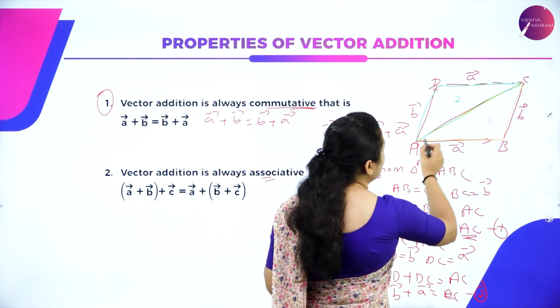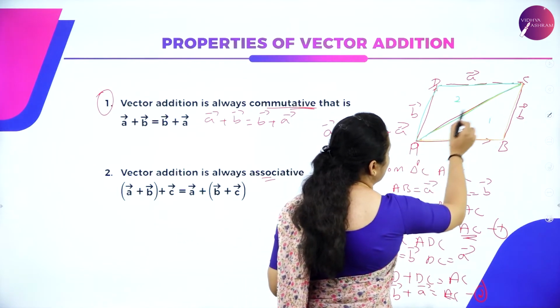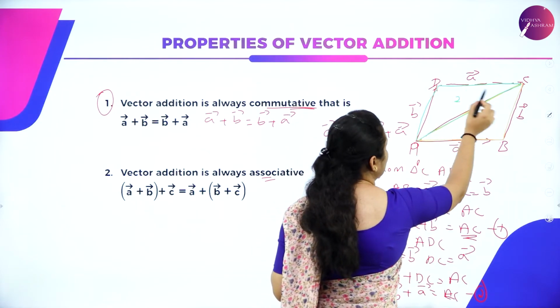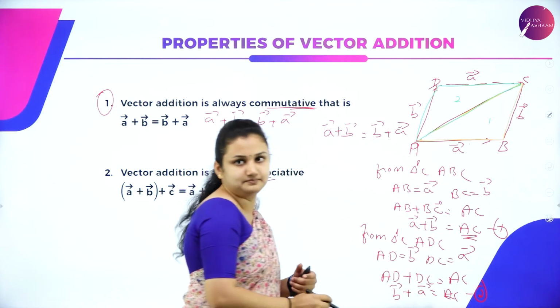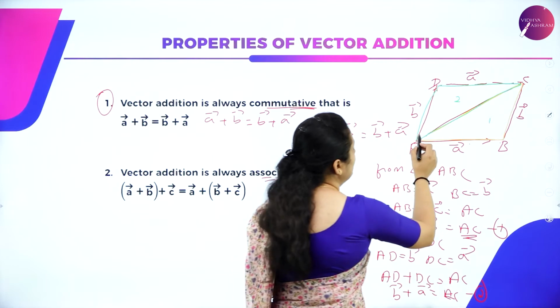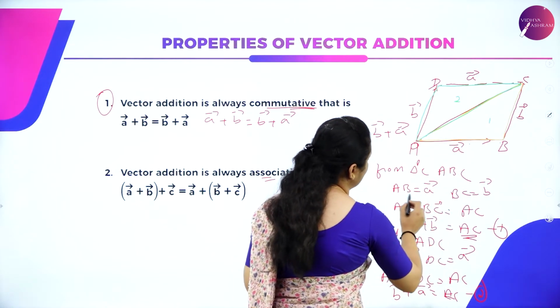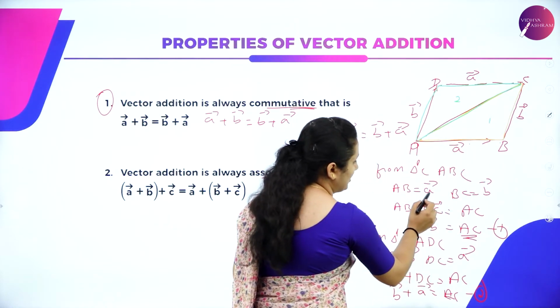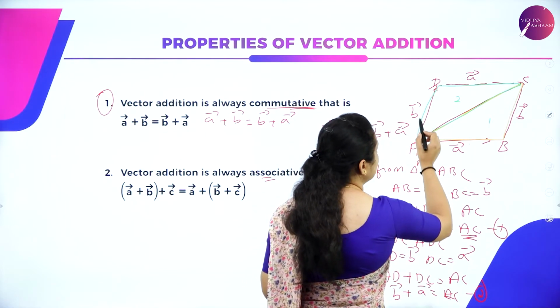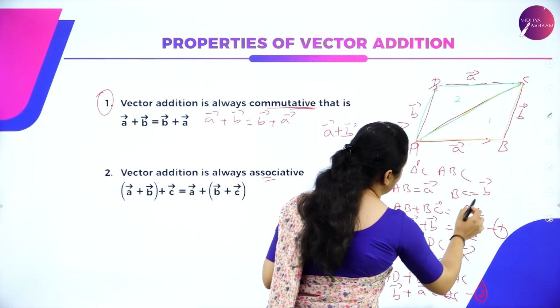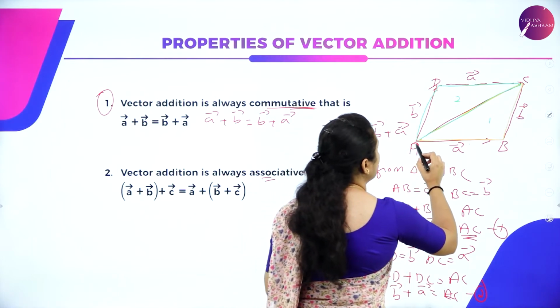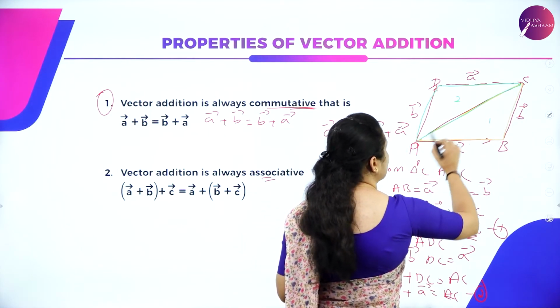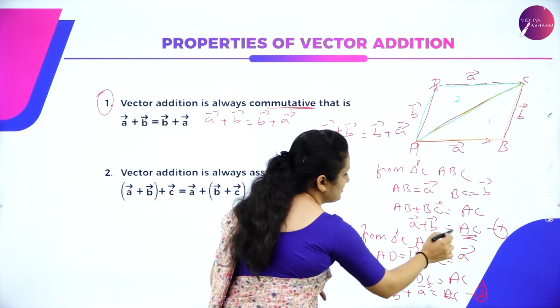You have two triangles here. The yellow represents triangle ABC, the green represents triangle ADC. From triangle ABC, AB is represented by vector A, BC is represented by vector B. So A plus B is equal to the diagonal AC.